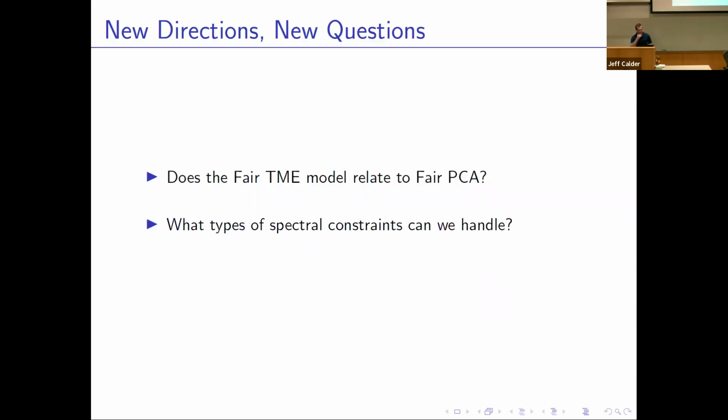The second thing, and this is one that I'm focused on pretty heavily right now, is what different types of spectral constraints can we handle? So I am only handling interval constraints on my eigenvalues in this model, and I really have lots of different types of constraints I want to deal with. One in particular that I'm working on is, how do I deal with, say, linear inequality constraints?